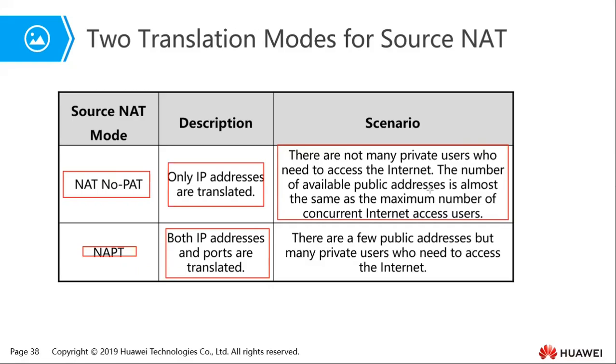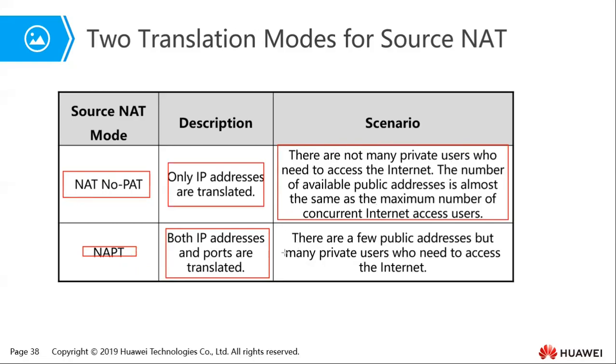So sometimes you can have a smaller number of public IP addresses than the total number of internal users in your network. But normally it's only for very small enterprises with a few internet users.